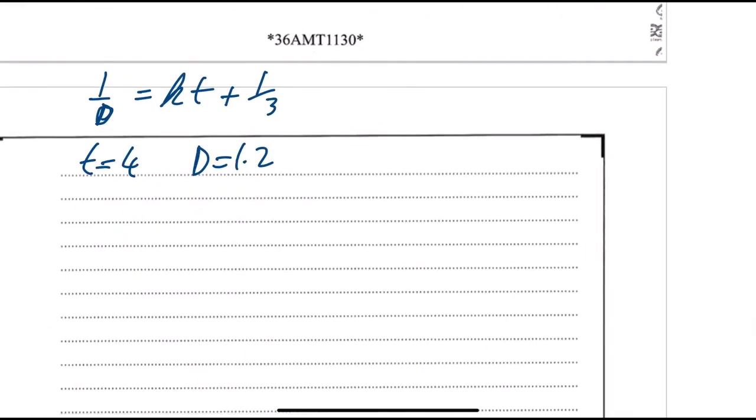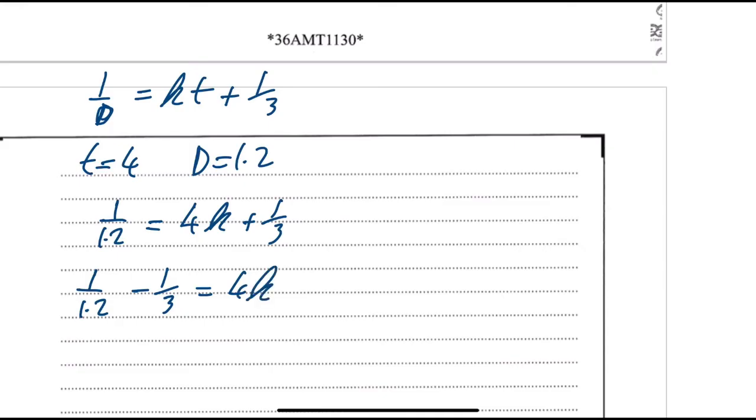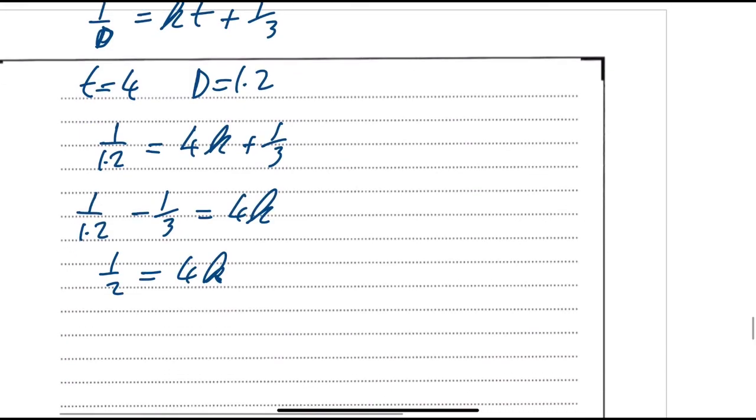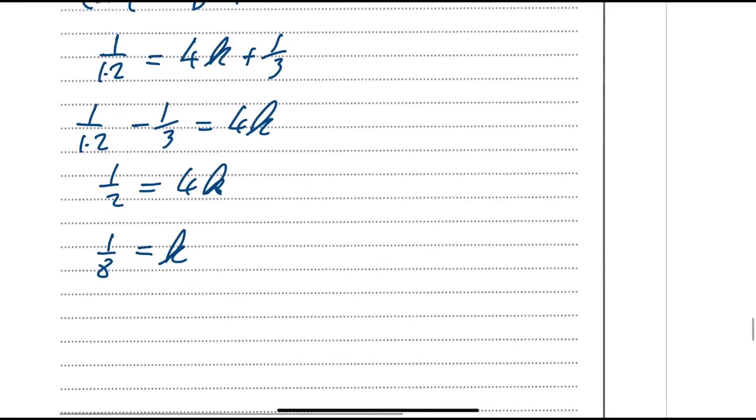So 1 divided by 1.2 is equal to 4k plus 1/3, and then 1 over 1.2 minus 1/3 is equal to 4k. That's a half is equal to 4k, and that means that 1/2 divided by 4 is equal to k, and so k is equal to 1/8.